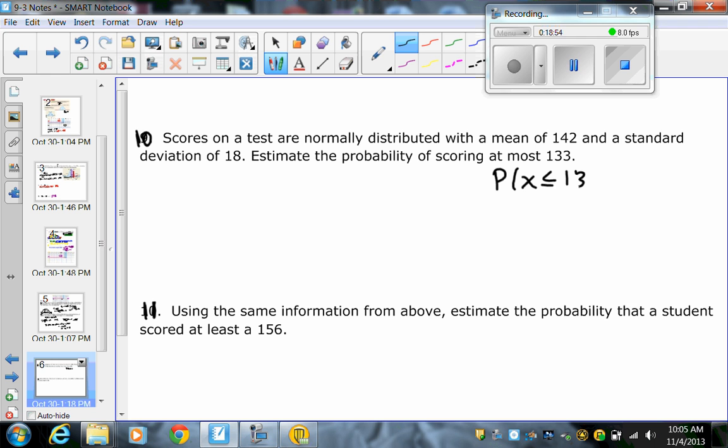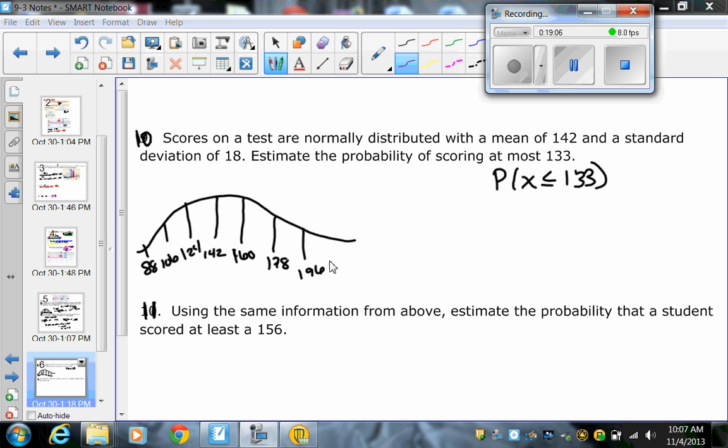So if I create my bell curve, which I want you to pause the video and do for yourself and then check it when it comes back, because I'm just going to put the answer on here. So once you create your bell curve with your mean in the middle of 142, adding a standard deviation of 18 so forth to the right, and subtracting it going to the left, you will see that 133 does not fall on the curve, which tells me I have to use a z-score.